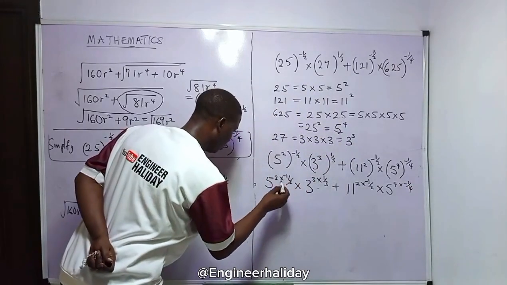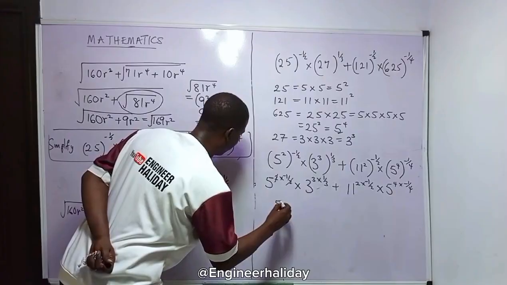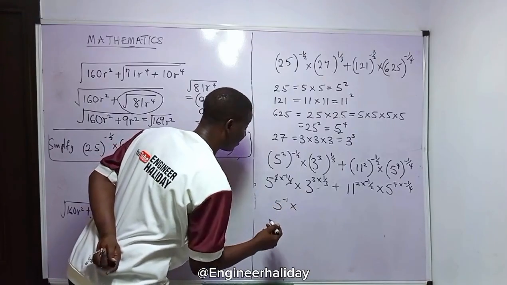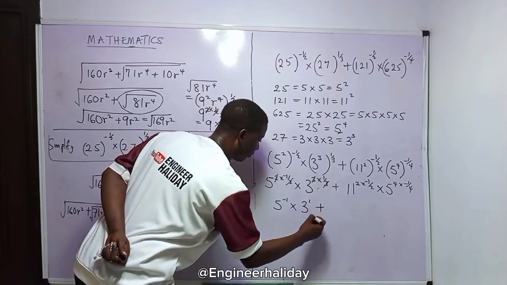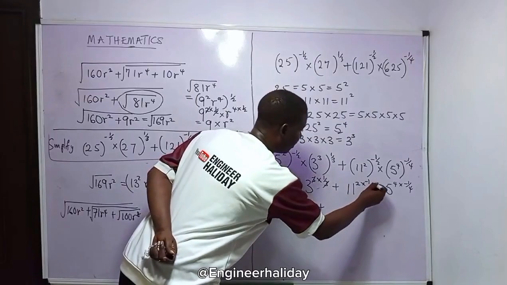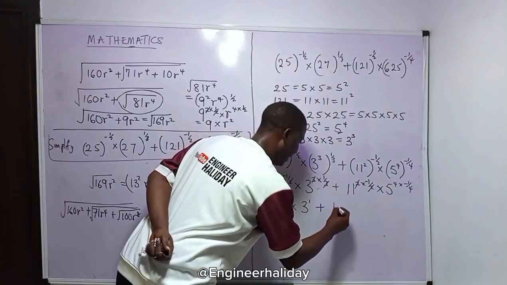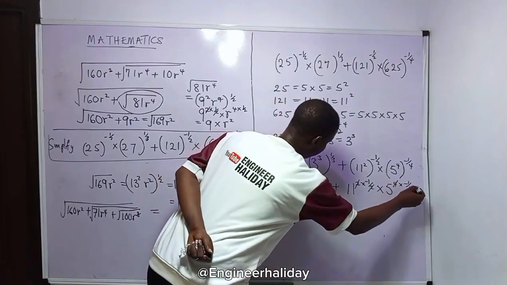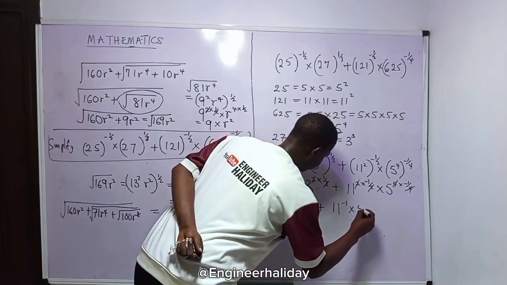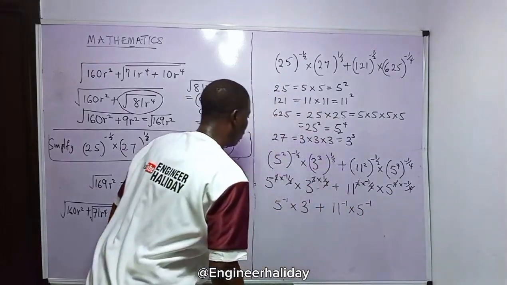So we cancel this, we are left with 5 raised to the power minus 1, times 3 raised to the power 1, plus then 2 cancel 2, we are left with 11 raised to the power minus 1. Then 4 here cancel 4, we are left with times 5 raised to the power minus 1.